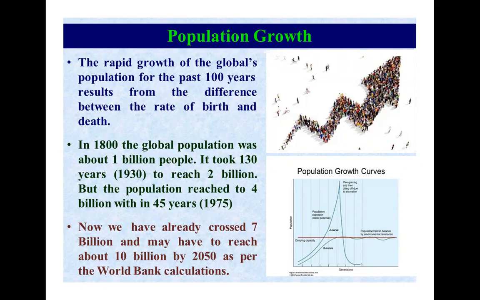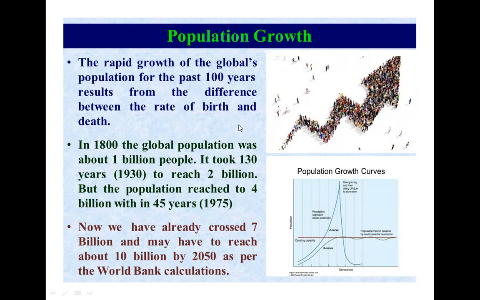In 1800, the global population was about 1 billion people. It took 130 years, until 1930, to reach 2 billion.